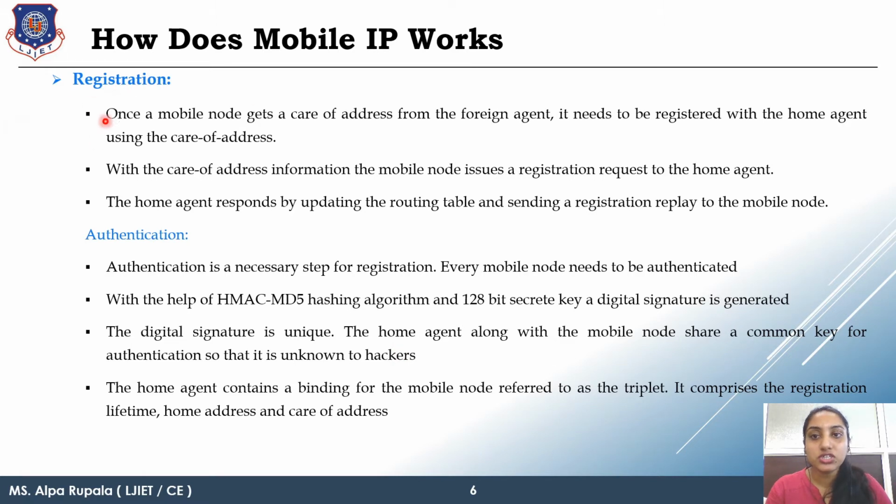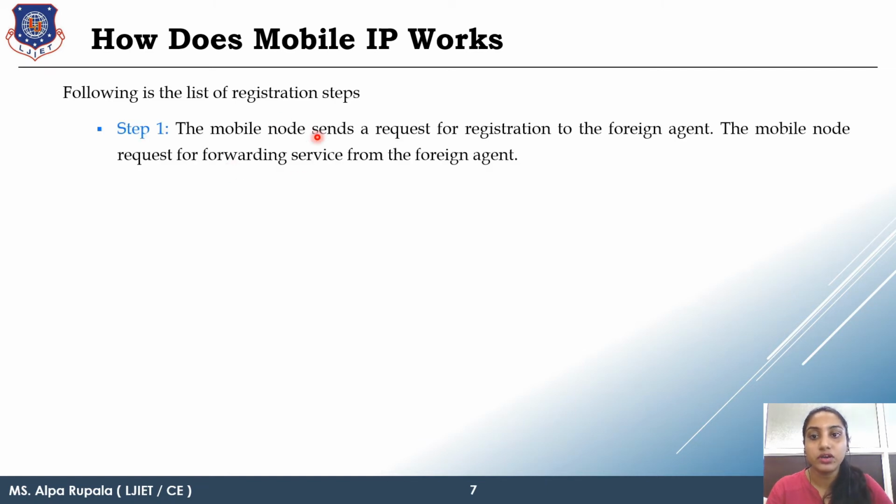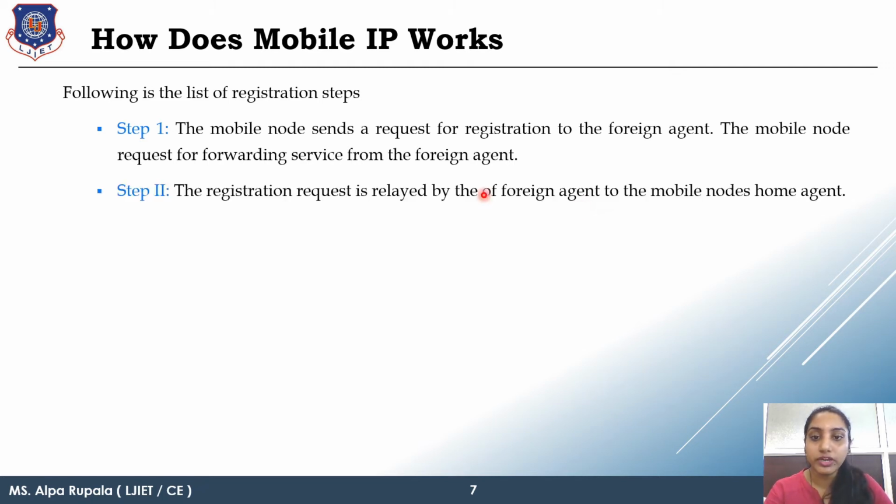So the registration process is very simple. Here are the steps of the registration process. Step 1, the mobile node will send the care of address and digital signature information to the foreign agent. The foreign agent will send the same data to the home agent.